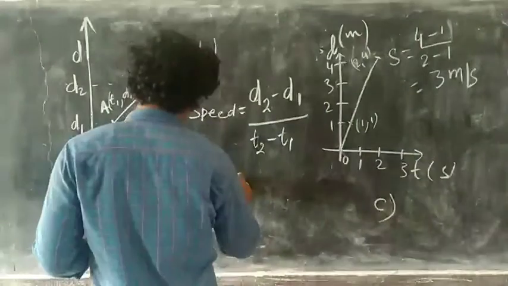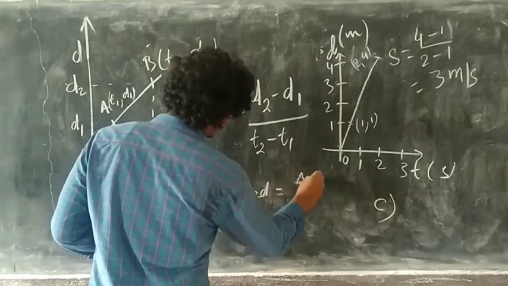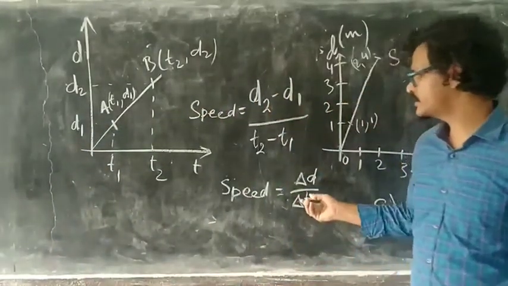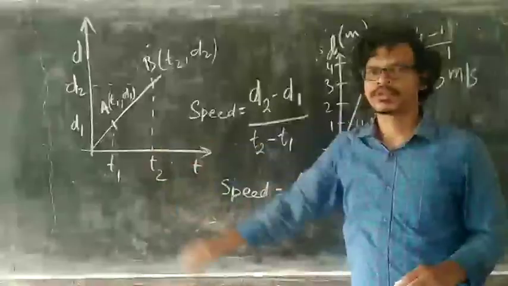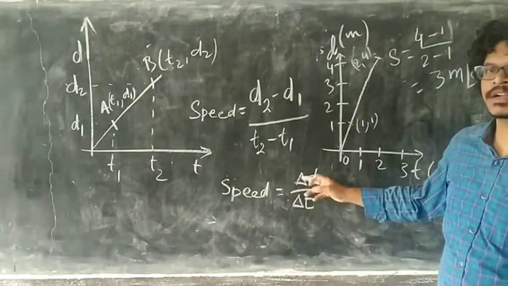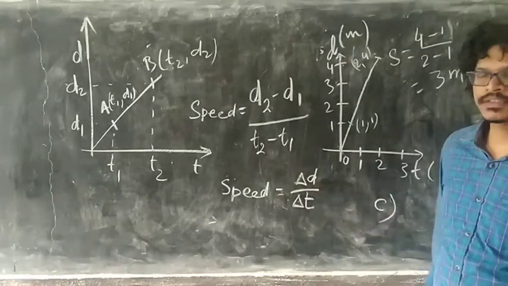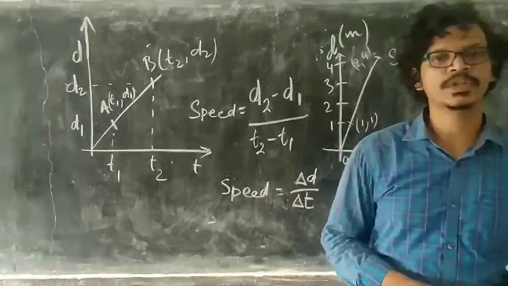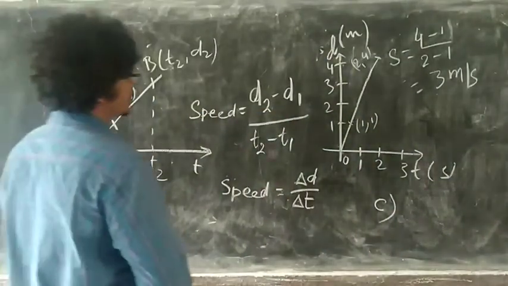Or in another way you can write speed is delta d by delta t, and this is also called the slope of the graph. This triangle is read as delta, so delta d by delta t is the slope of the graph. Slope of the dt graph will give you speed.